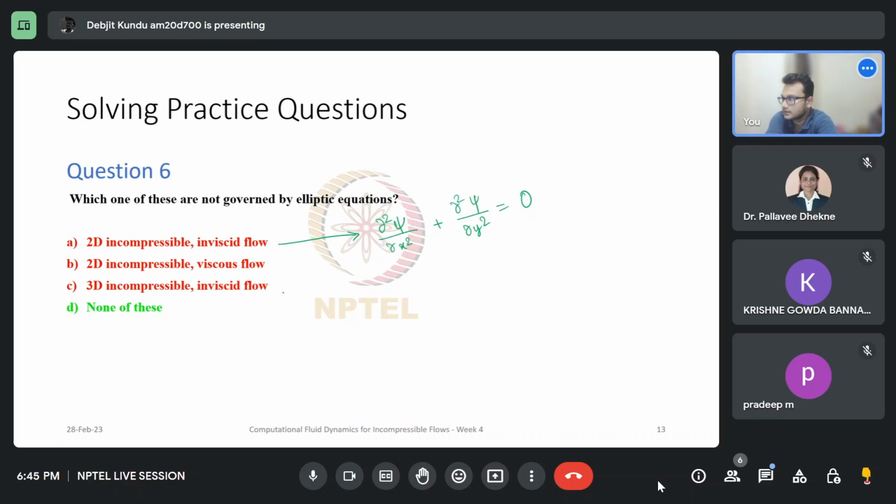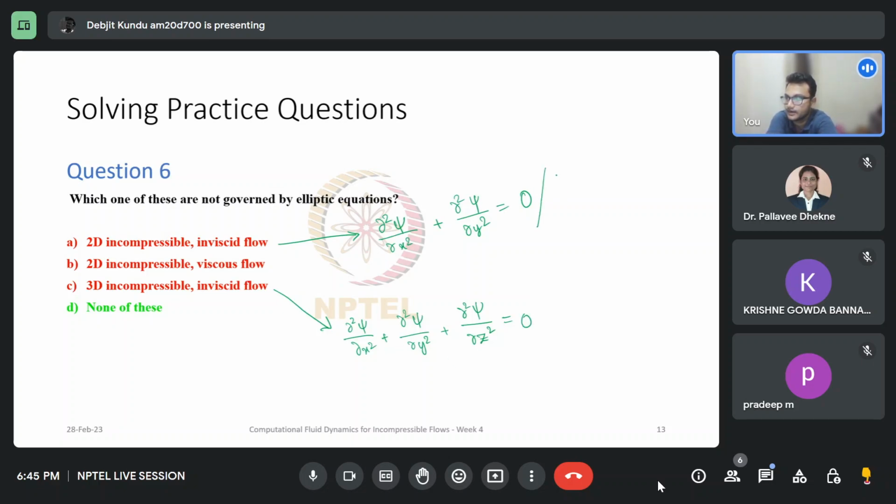Now, we'll come to option B later since you were guessing that this would have been the correct answer. Let's look at this one, 3D incompressible inviscid flow. This is very simple, exactly like this one. We will write this down in this fashion. One important clarification here: defining stream functions or streamlines in 3D is a bit more involved. So what we can do is switch to the other way.